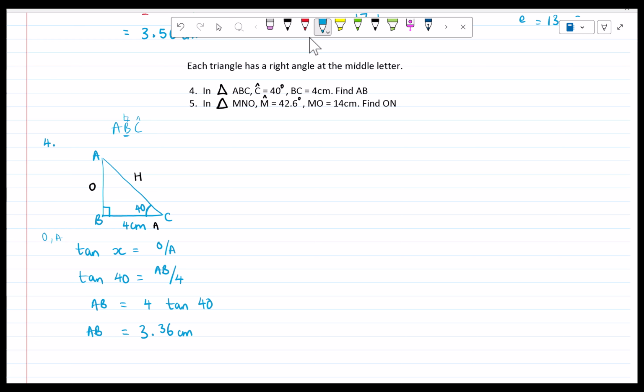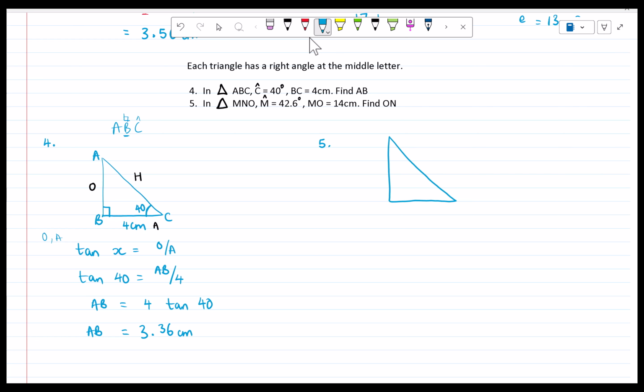And then if we move on to example number 5, given in a triangle MNO, M is the angle 42.6, MO were given that. So I'm going to sketch the triangle, and here is the triangle.